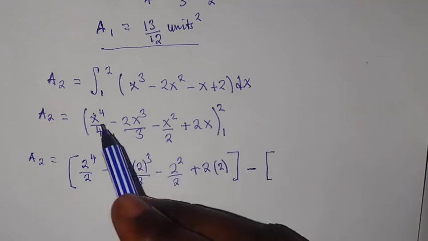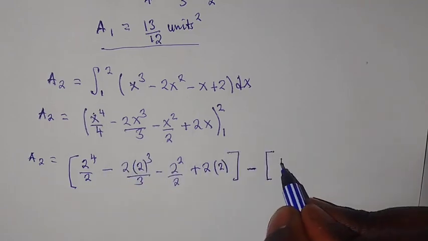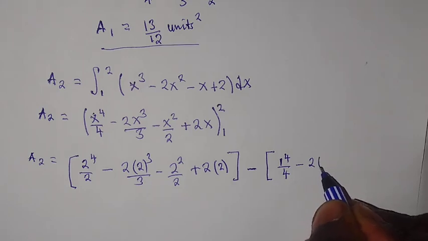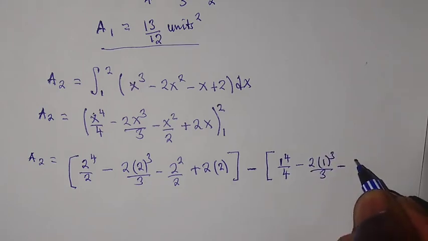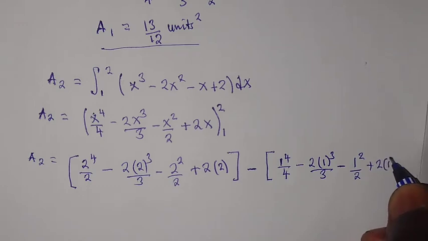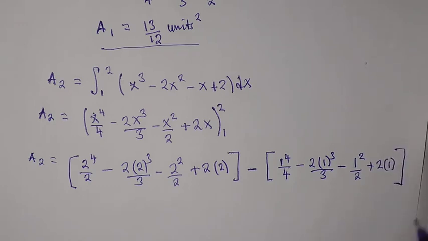So where there is x now we're going to put a 1, so this will be 1 power 4 over 4 minus 2 times 1 power 3 over 3, then minus 1 squared over 2 plus 2 times 1. Okay, then we close.